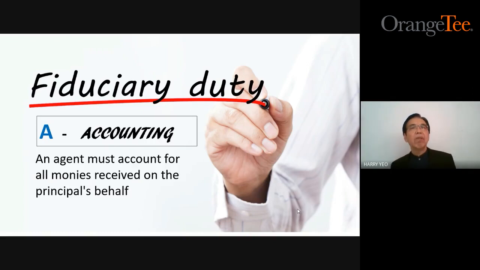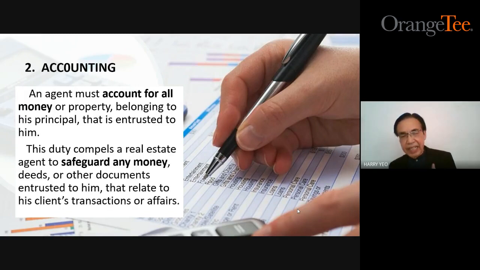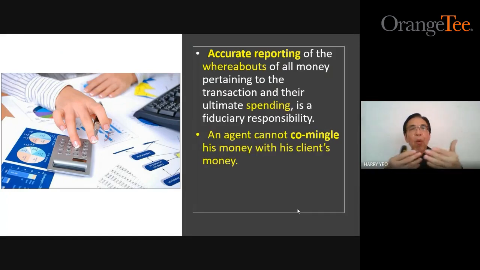That is called accounting. An agent must account for all money and property received on behalf of the principal, safeguard the money, and explain clearly which money came in and where the money went, because there's a duty of accounting for all money received. It's not our money. And also, we must not commingle. To commingle means to mix.